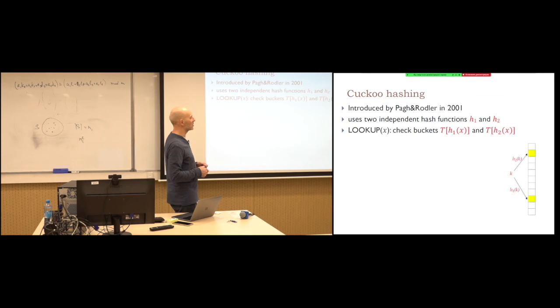And we will guarantee that each key x will be either in location h1 of x or in location h2 of x. This will be an invariant, guaranteed by the algorithm. So if x is in our set, then we are sure that x is either in h1 of x or in h2 of x.